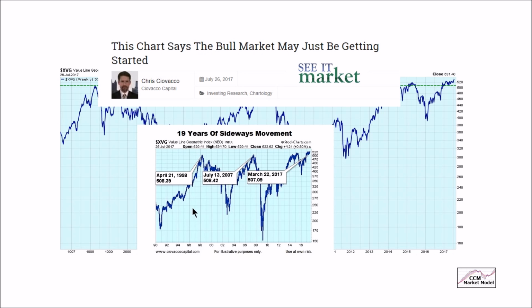The concept of a long-term consolidation and breakout is covered in detail in this See It Market article dated July 26, 2017. You should be able to find it by Googling this title here or going to See It Market. It appears on the homepage as of Thursday, July 27th.